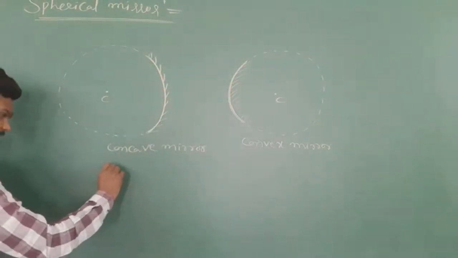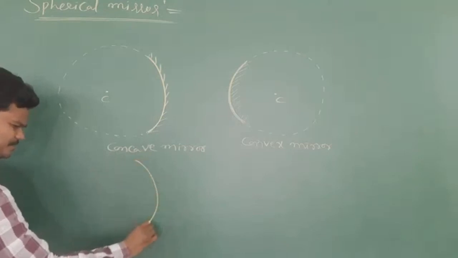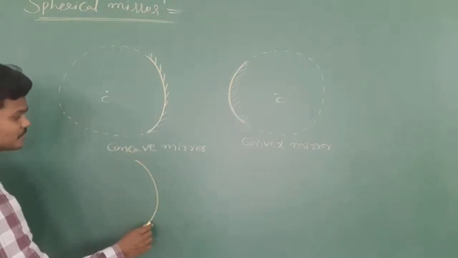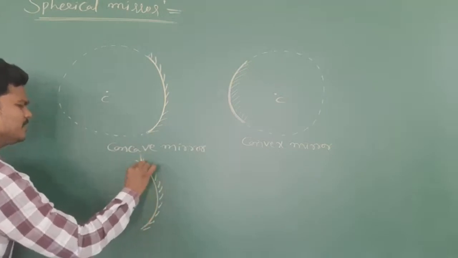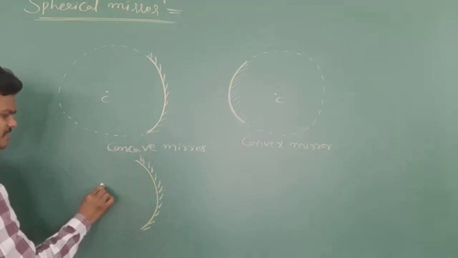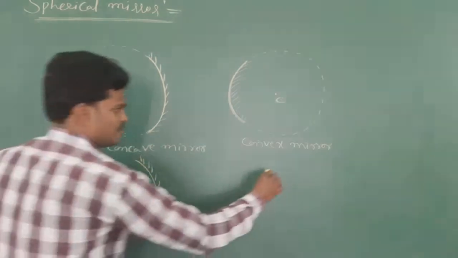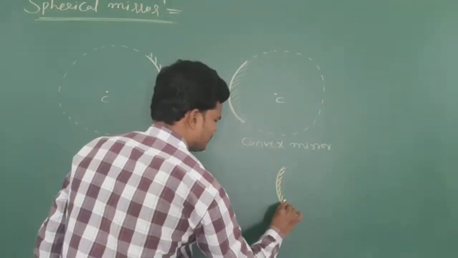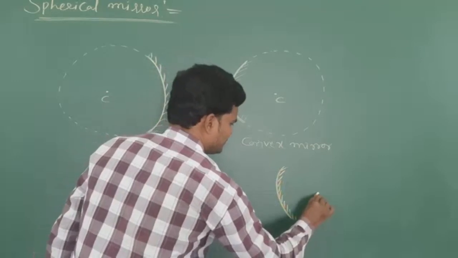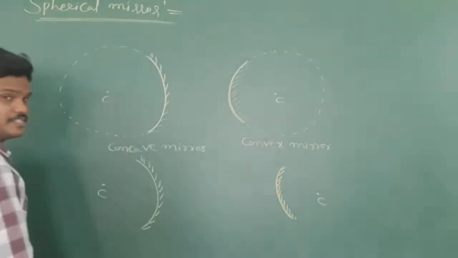Here in general we can draw like this. This is a concave spherical mirror, with C the center of curvature, and this is a convex spherical mirror, with C the center of curvature.